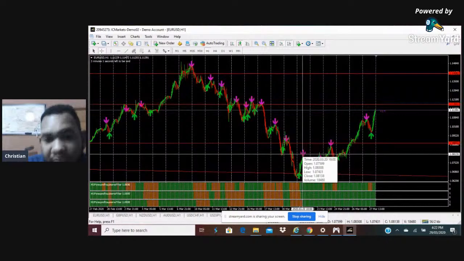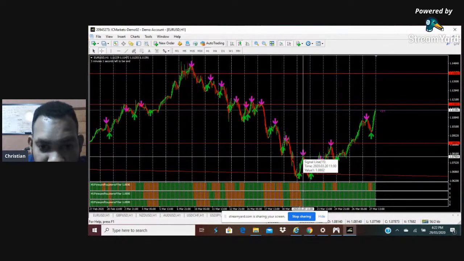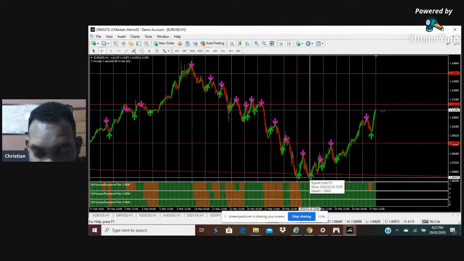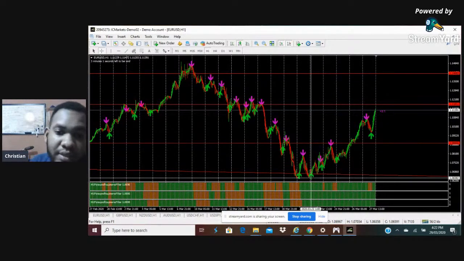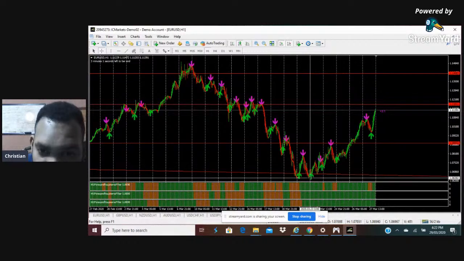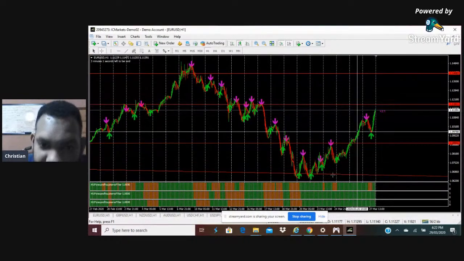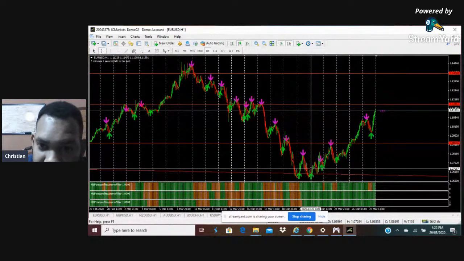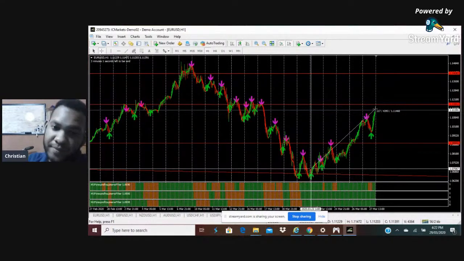If I didn't close my trade that previous day, I would have been in loss, and depending on my entry, it might have gone back down to a little loss, and then it would have pulled drastically up here. So if I had got in around probably here, I would have gotten about 440 pips.